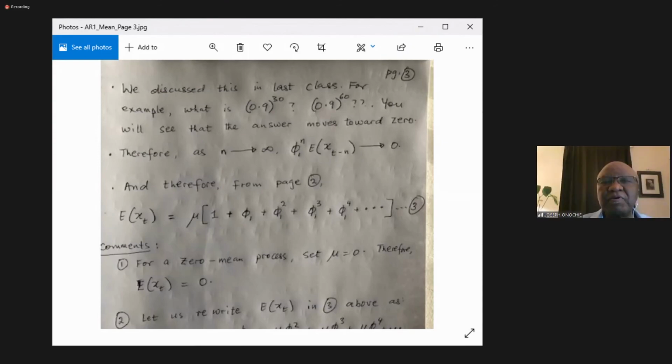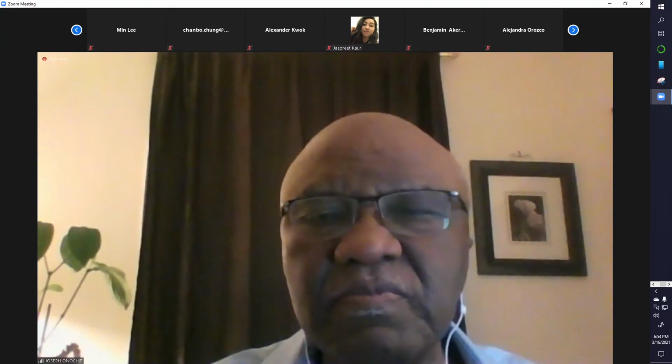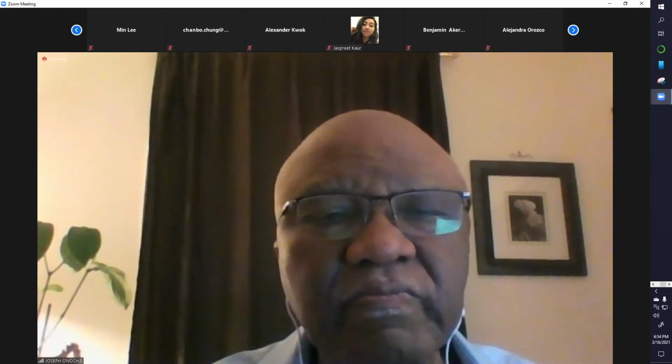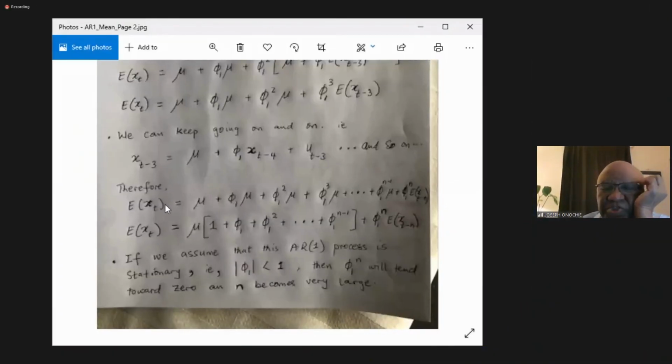All right, let me go back. So this is page 2. I'm now back to the bottom of page 2. So where did we leave off? That the expected value of the process is equal to mu times all of this plus this last term.